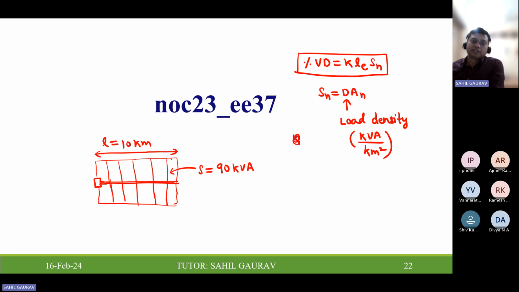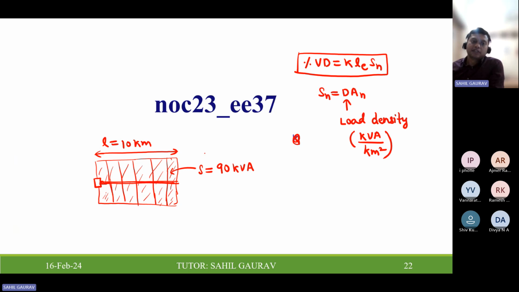That is the load density, per unit of area. Like this is 1 unit of area, this is another unit of area, and this is another. Per unit of area, how much load is being served? That is load density.